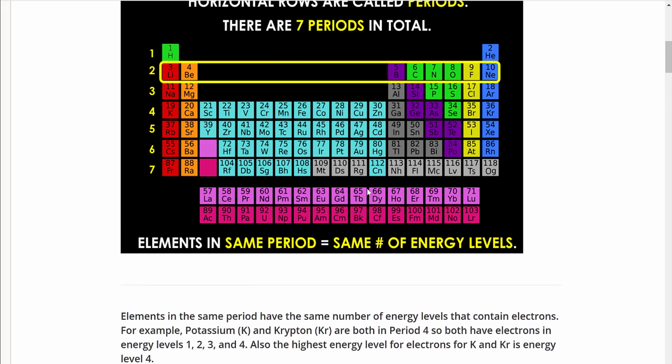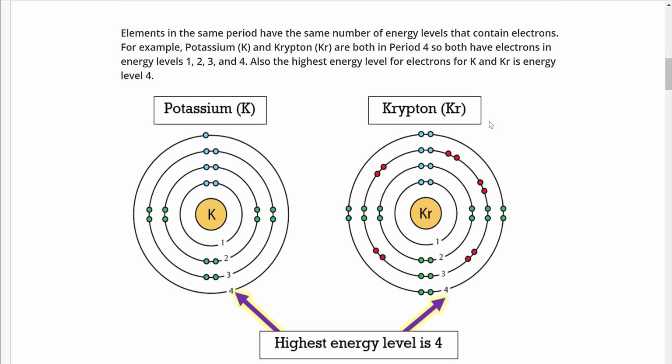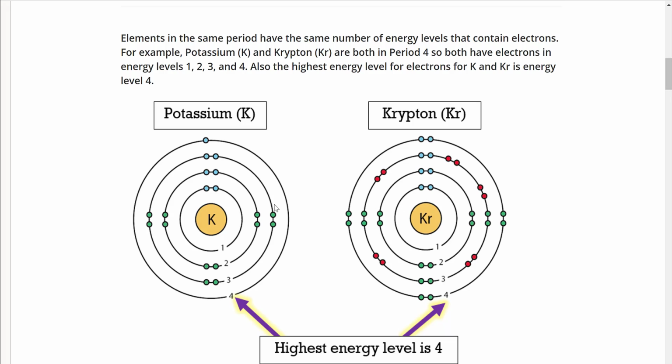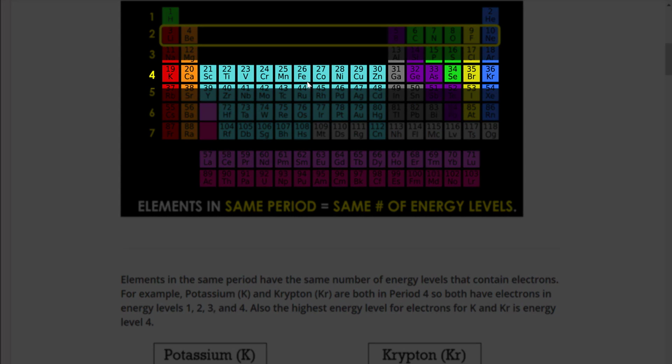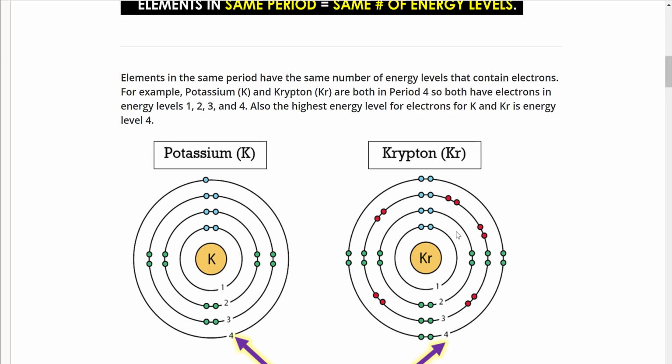So if we go back up to our image, we do see potassium here in level 4, and here's krypton, also in number 4. So to determine the number of energy levels, we either find what period it's in, and then we know it, or if we look at the Bohr model, we know by how many rings that tells us.